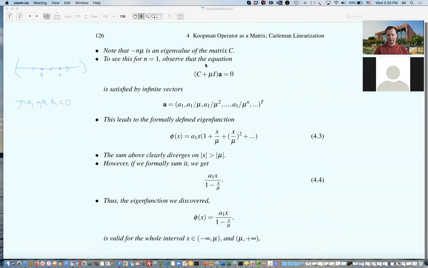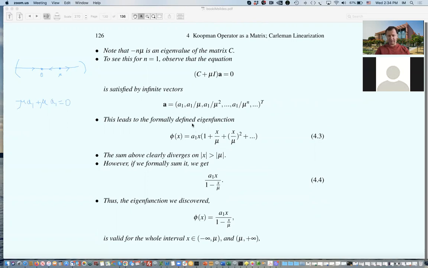Therefore, this equation here for the eigenvalue minus mu is solved by this infinite vector. So what that means is that I can take this infinite vector of coefficients and form a function out of it, phi of x.